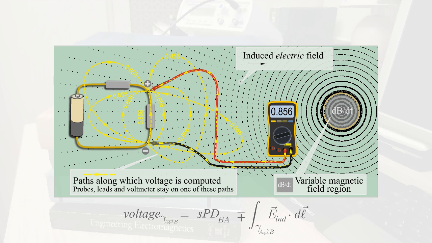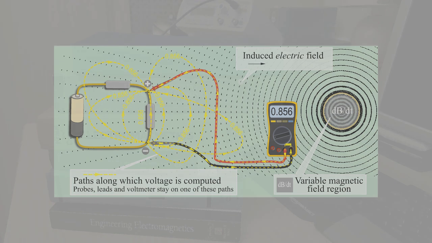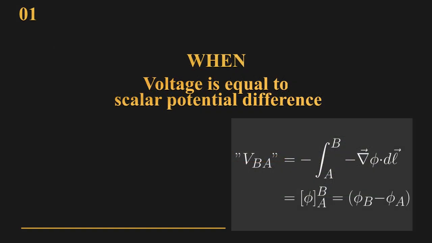The yellow dashed lines are the paths of integration for the voltage line integrals. These paths represent the part of the measurement loop along which the probes and leads of a hypothetical voltmeter lie. Path orientations will always be shown using our convention, from lower voltage to higher voltage, and not the German one.